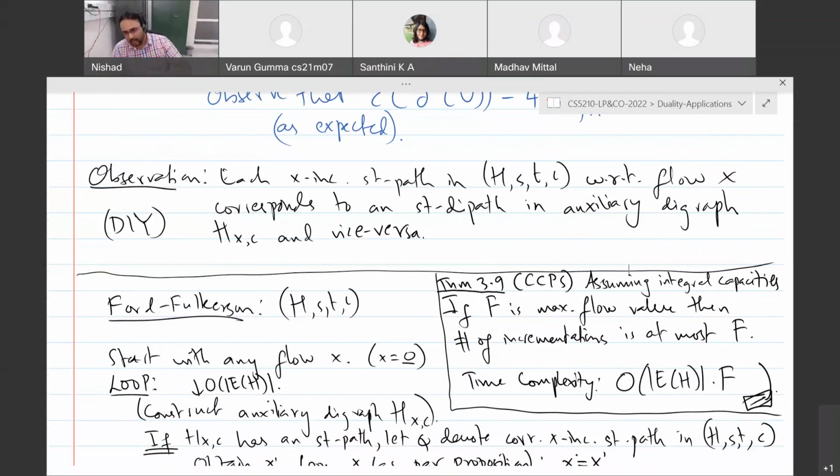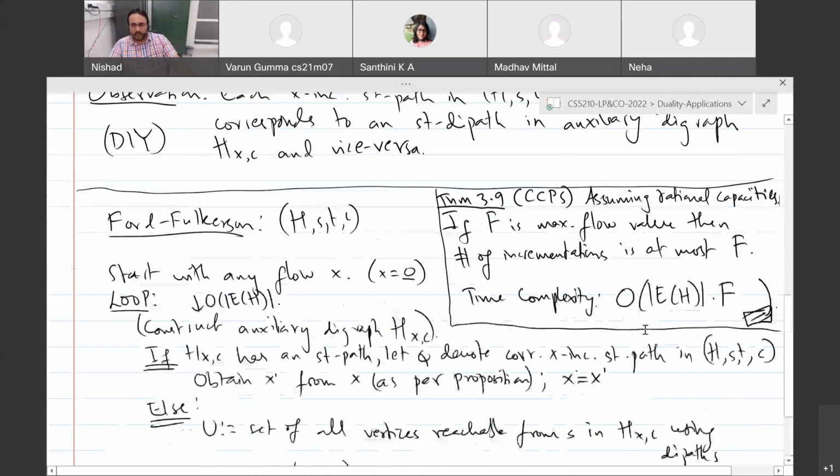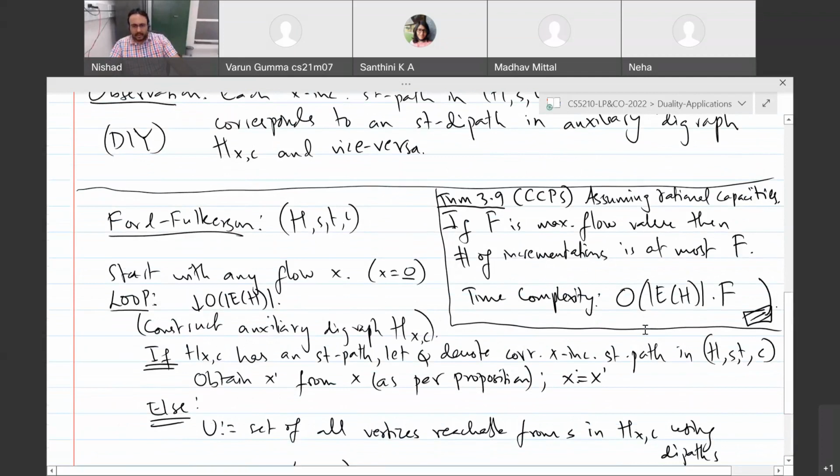In fact, this is also true for rational capacities, by a trick that we did earlier. So in fact, I'll just put assuming rational capacities. This is still true. You just have to multiply by a big enough number, right? So it will still depend on the flow value. All right.